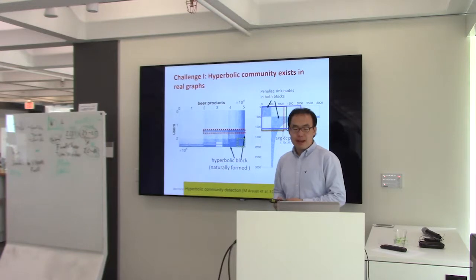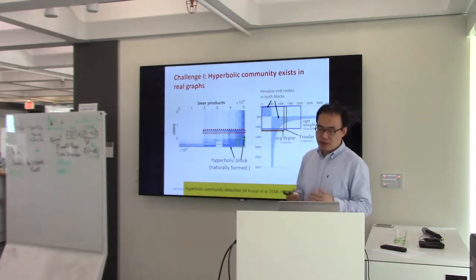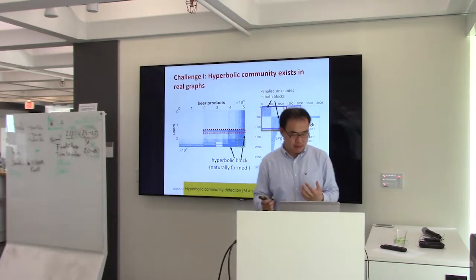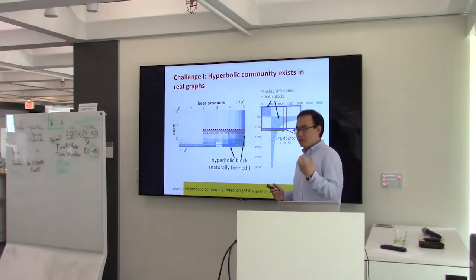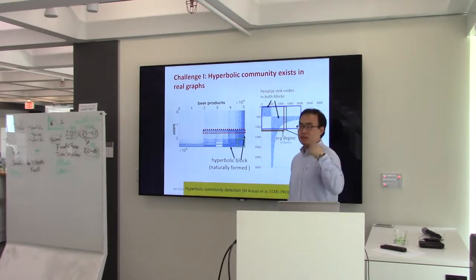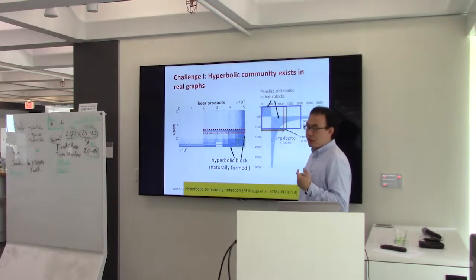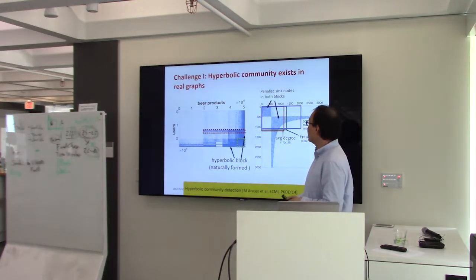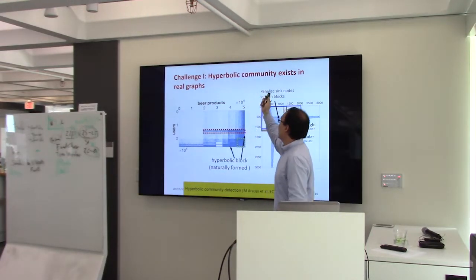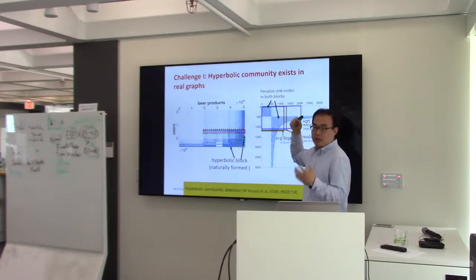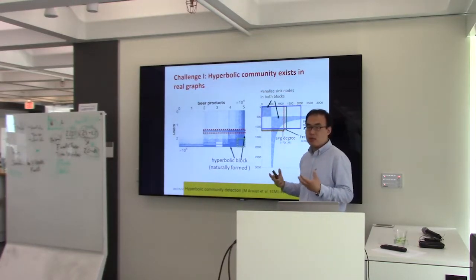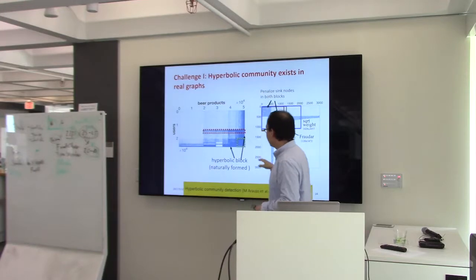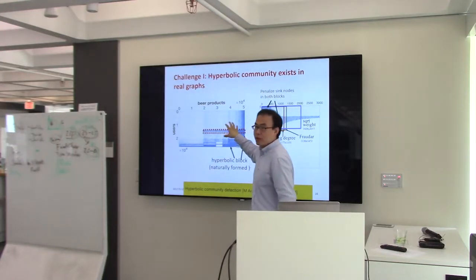And all of them are previous work. So what is the disadvantage against the fraudsters? First of all, I want to introduce that hyperbolic communities usually exist in real graphs.